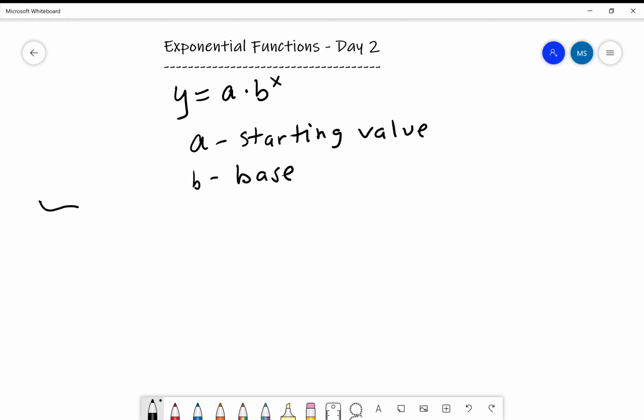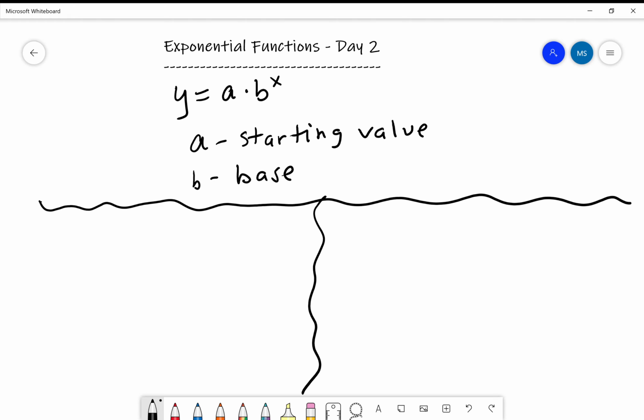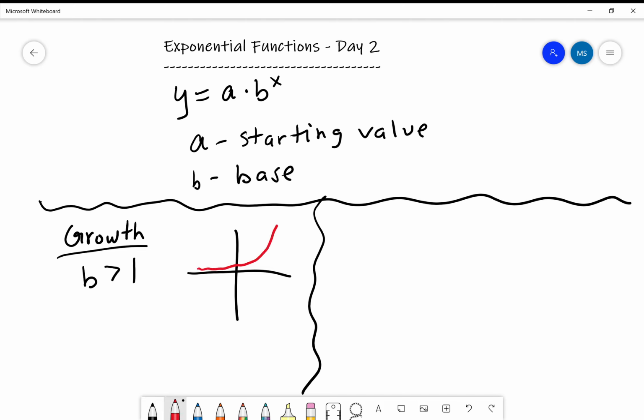But first I want to give a little talk about growth and decay. A growth function is where that base is greater than 1. A quick sketch of what these look like is an increasing function over time. Some key words: a population increases by a certain percent.